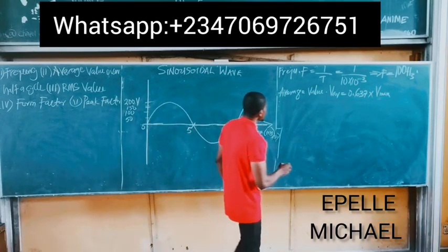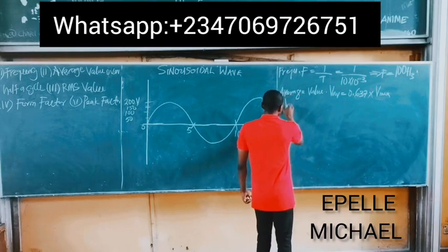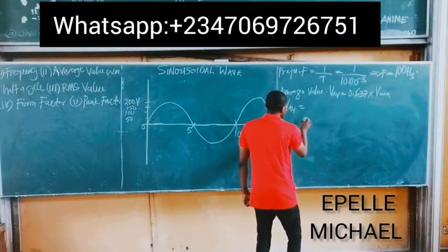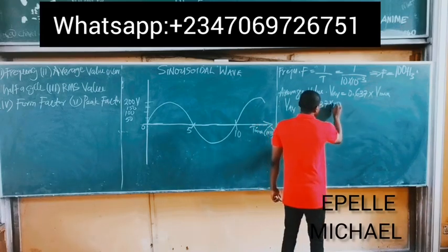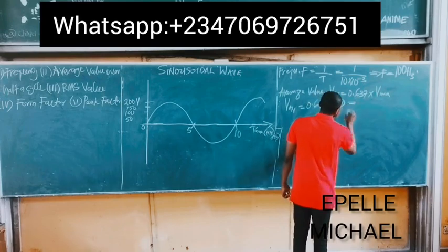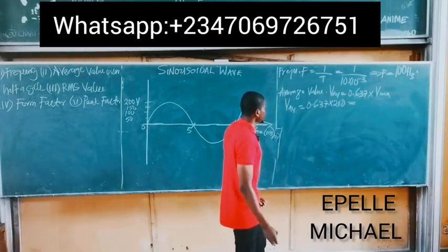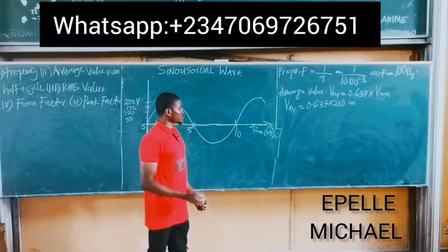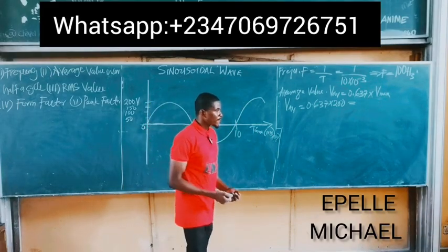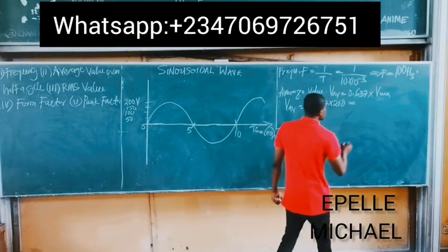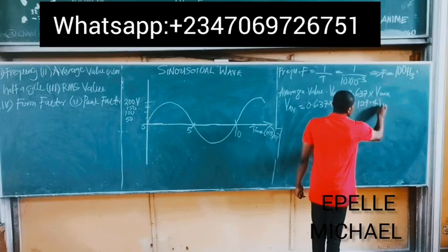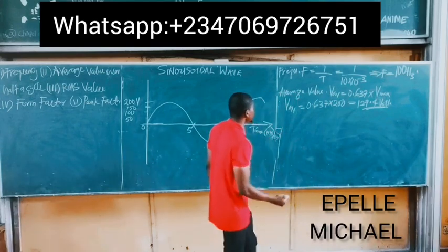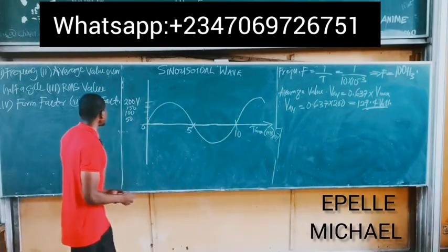So we have that average value, V average, is now equal to 0.637 multiplied by 200. Please give me this value. 127.4 volts. So this is the value for the average voltage.